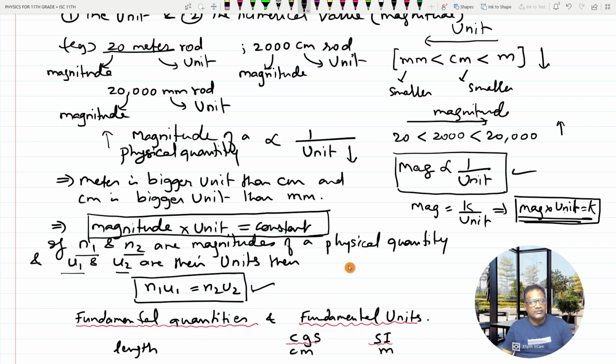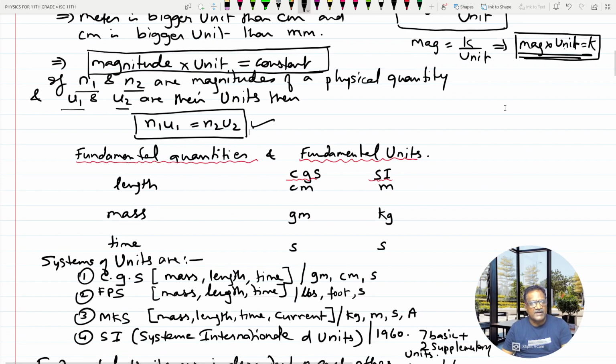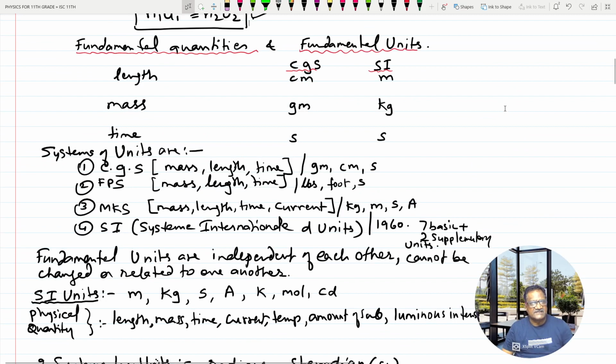Now coming to some fundamental quantities and fundamental units. You know that in physics, the very fundamental quantities are length, mass, and time. All other physical quantities are basically a combination of these fundamental quantities, or you can say they are derived from these fundamental quantities.